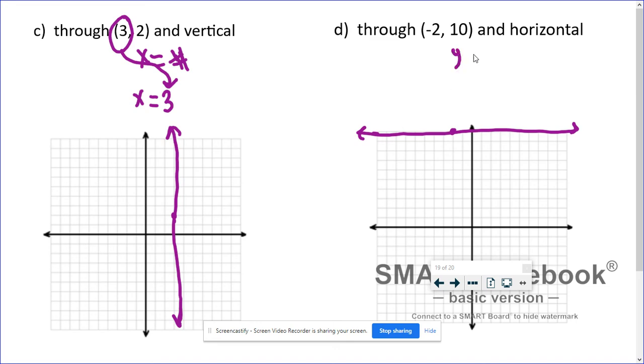Remember that any horizontal line is just y equals a number. Well, in this case, it's going to be the y coordinate. So the equation is going to be y equals 10. Okay, so if you're given any ordered pair and told that it's a horizontal line that goes through it, it's going to be y equals whatever the y coordinate is of that point.